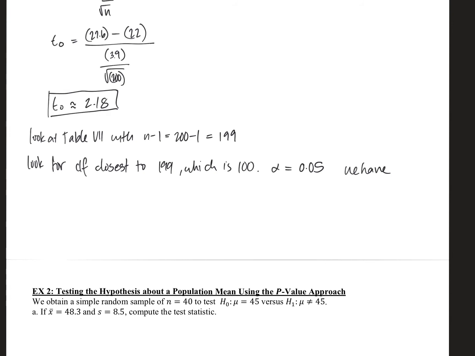So we have that our t of 0.05, remember that's our alpha, t alpha, is going to equal 1.660.